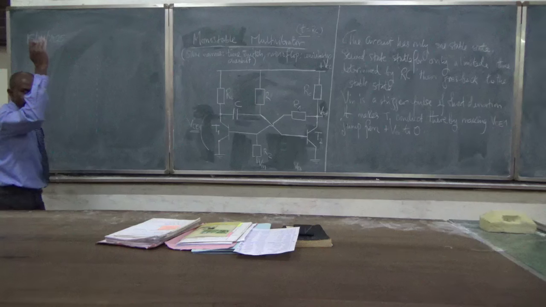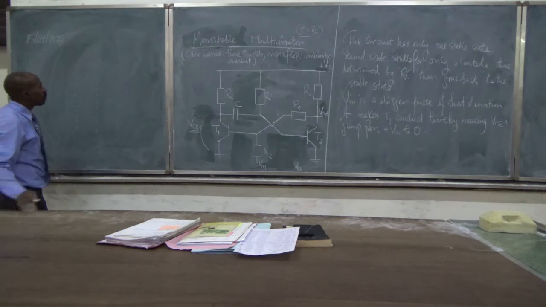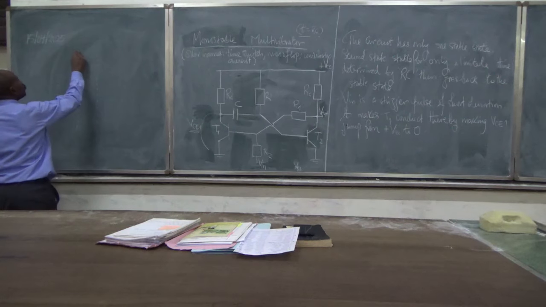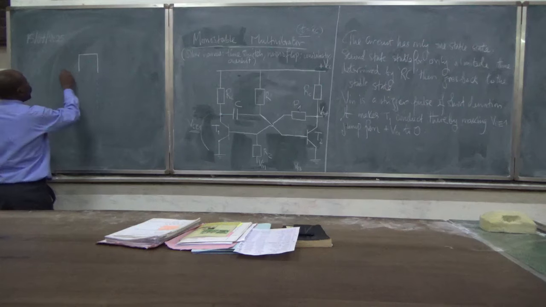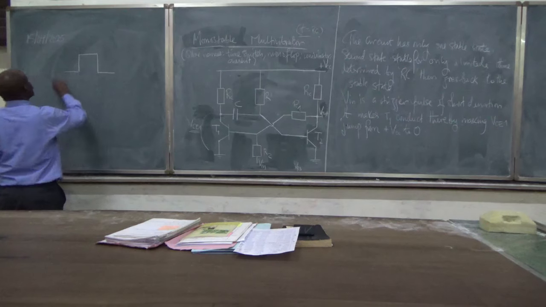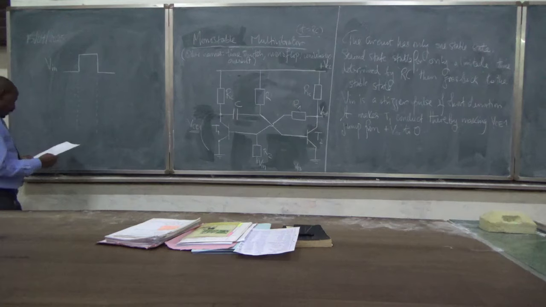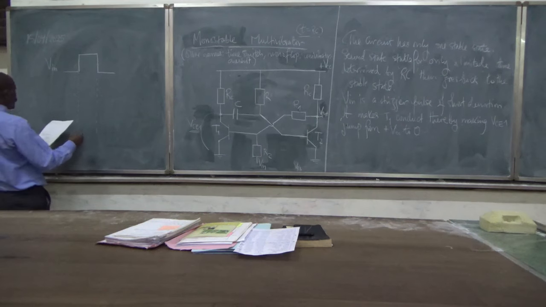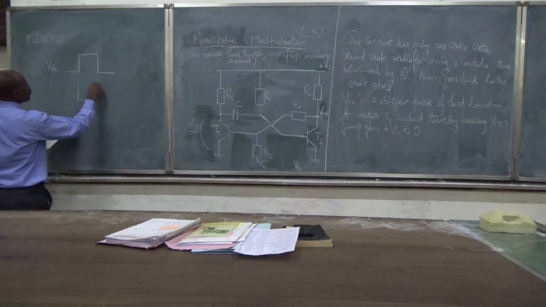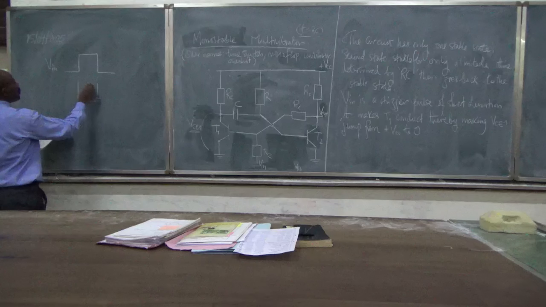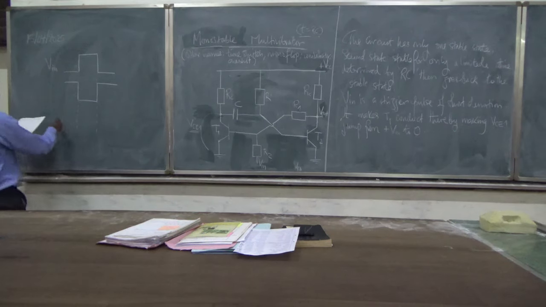They share the same vertical axis but different horizontal. So I'm drawing this to show you that if we have a pulse, V in as this pulse, then we can get the VCE. VCE will be the opposite, or inverted, pulse. That is the VCE1.